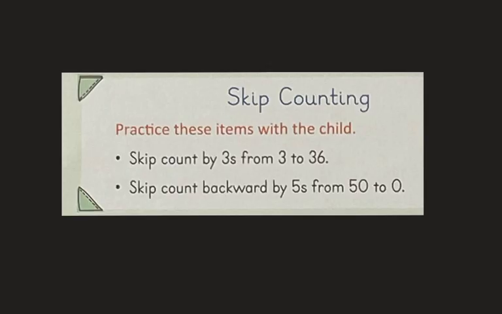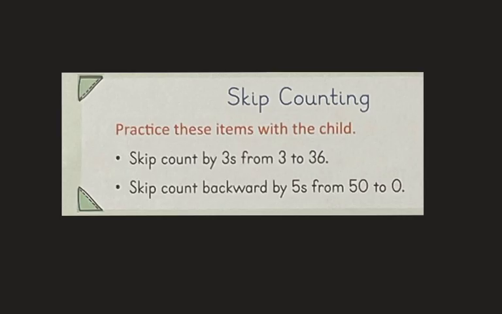Okay, let's practice our skip counting. Skip count by threes from 3 to 36. Push pause and do that now. 3, 6, 9, 12, 15, 18, 21, 24, 27, 30, 33, 36.